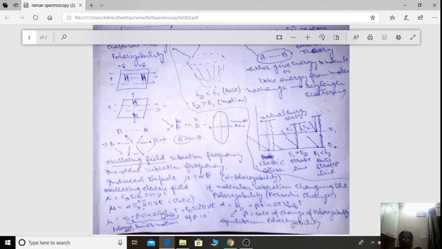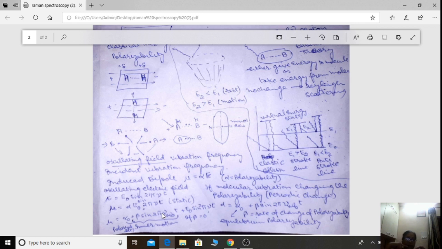If molecular vibration changes the polarizability periodically, then alpha is equal to alpha naught plus beta sine 2 pi nu vibration t. E is this energy. If it is placed in an oscillating electric field, the energy also changes.